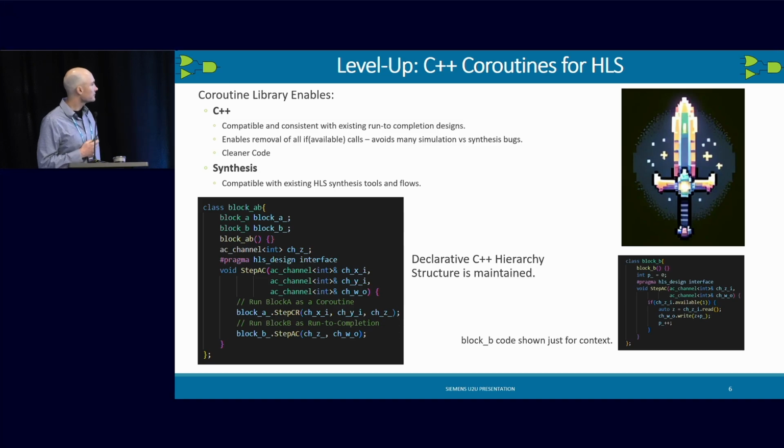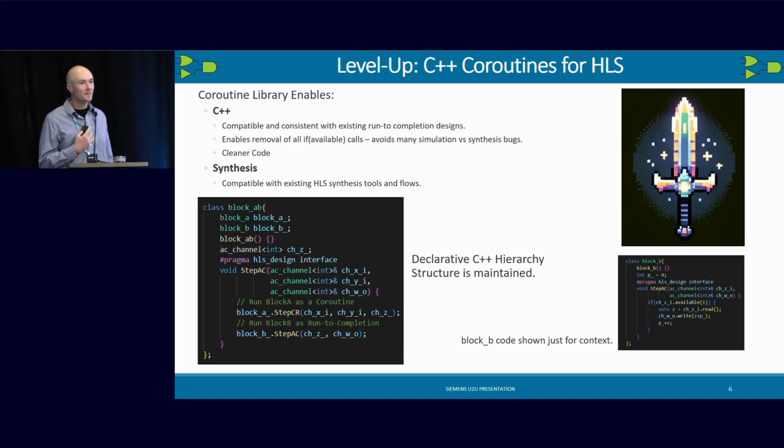So let's take another look at coroutines here. A key part of implementing enabling coroutines, we found, is keeping the code still compatible and consistent with existing run-to-completion designs. A key thing is, like you saw in the previous code example, it enables us to remove all those if available calls, which avoids many simulation versus synthesis bugs.